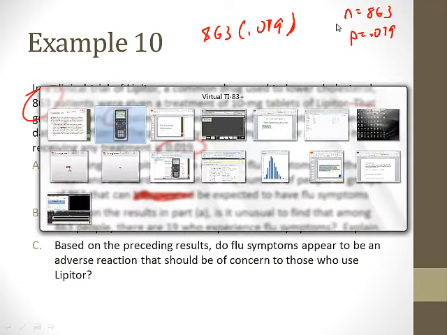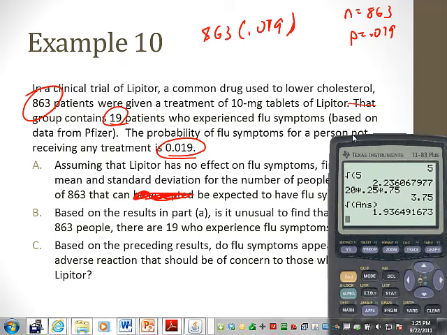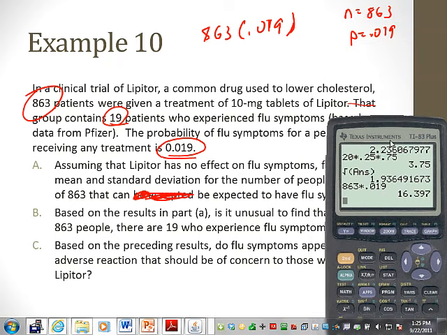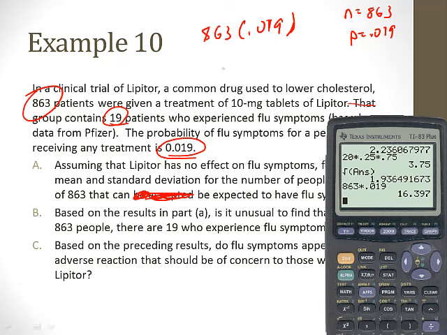I cannot do that in my head, so I'm going to crack out the calculator. 863 times 0.019. So about 16 of them. The mean is about 16.4.